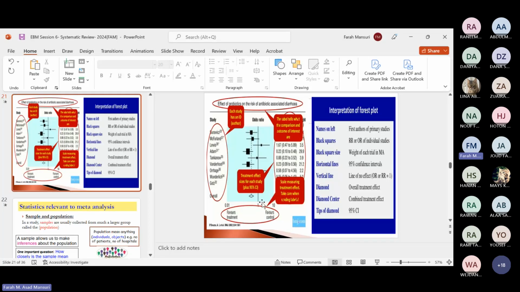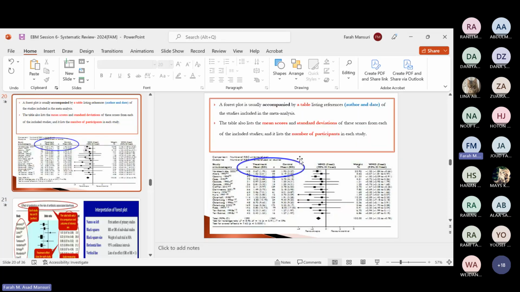It may be there in your exam, the picture can be given, and you may be asked what this structure is. And you may be asked about the confidence interval, whether it is a long confidence interval or a short confidence interval. Like in this example of the forest plot, this is the longest confidence interval for this study. So you may be asked to pick up the longest or the broadest confidence interval.